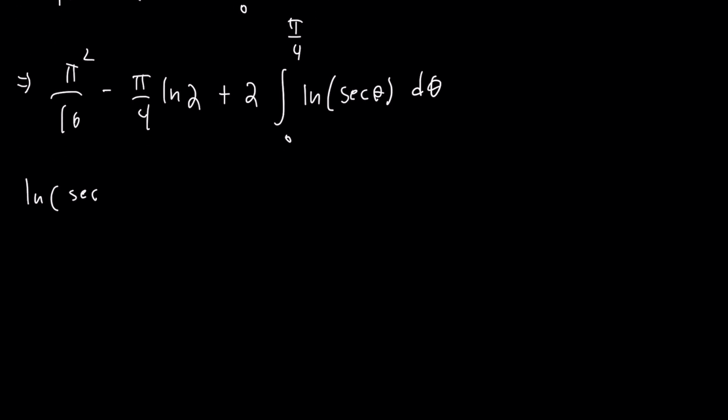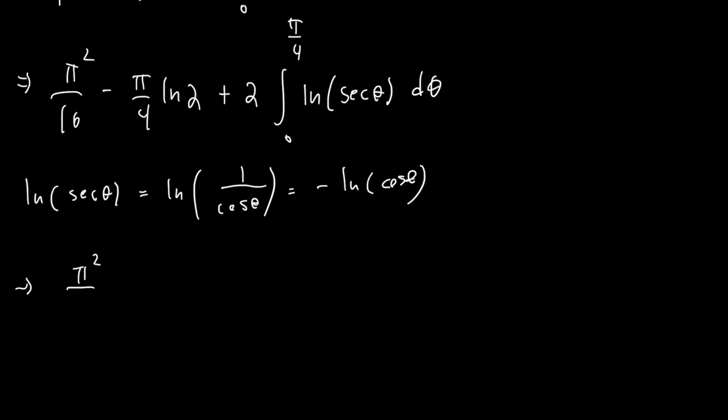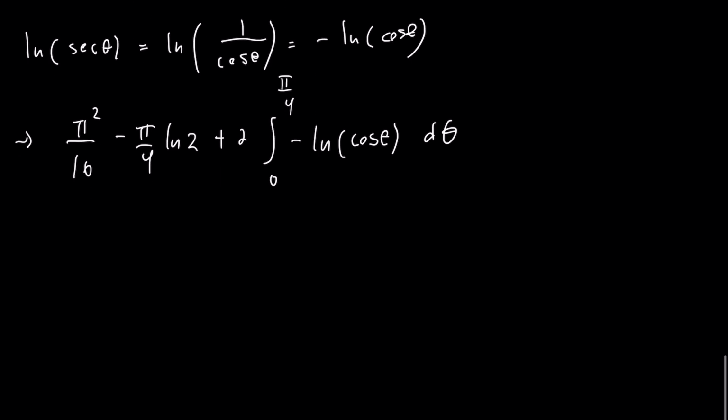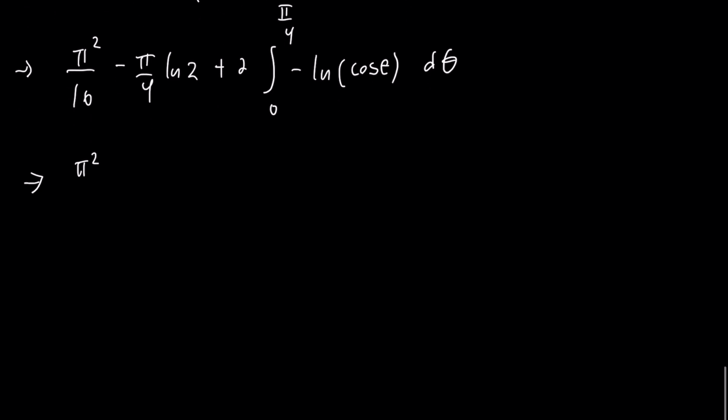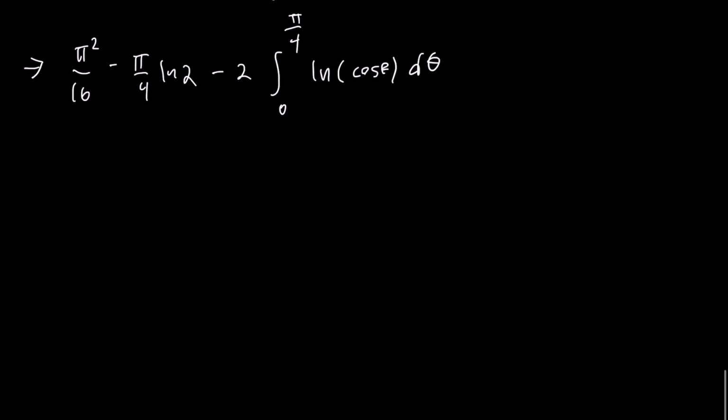And we'll notice that the natural log of the secant of theta is the same thing as the natural log of 1 over the cosine of theta, which is negative the natural log of the cosine of theta. So we have pi squared over 16 minus pi over 4 log 2, and plus twice the integral from 0 to pi over 4 of negative the natural log of the cosine of theta d theta, which is pi squared over 16 minus pi over 4 log 2 minus twice the integral from 0 to pi over 4 of the natural log of the cosine of theta d theta.